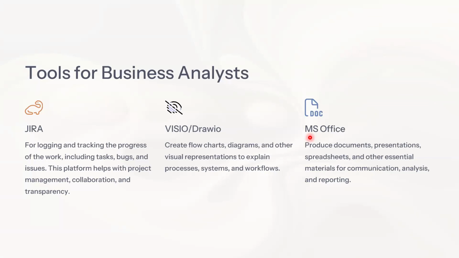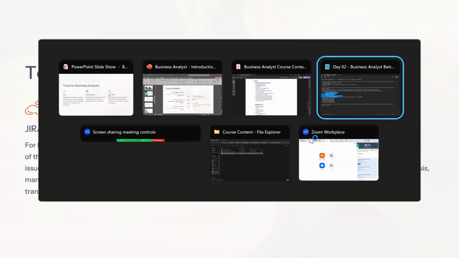That's not the intention, but as a BA, you must have a good grasp of Microsoft Office tools and how to use them. I'm not asking for any advanced knowledge or advanced formulas in Excel. That's not the requirement at all. But you should be comfortable working on the Microsoft Office suite.